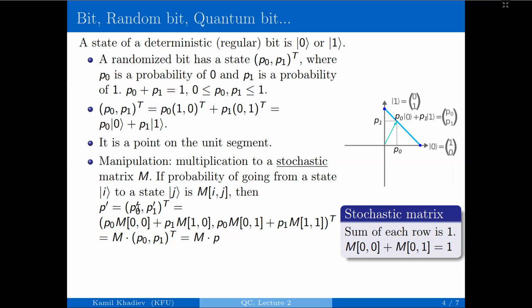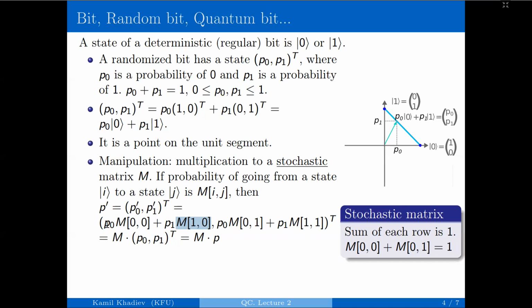So how can we compute the new probability distribution? It is just the probability that we were in state 0 times the probability of moving from state 0 to 0, plus the probability that we are in state 1 times the probability of moving from state 1 to 0.